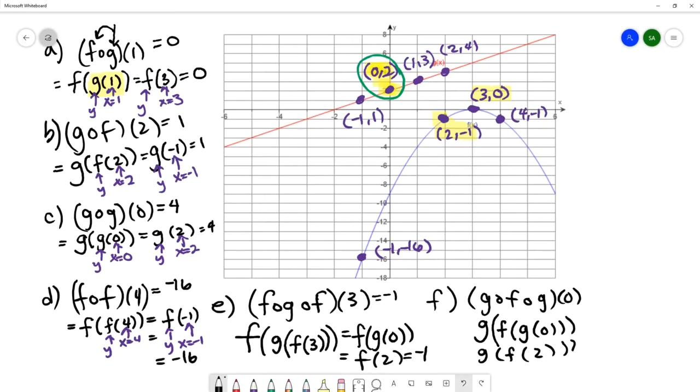Then we want to find f of 2. We've already found that. It's right here. That's negative 1. We have g of negative 1. And we've already found g of negative 1 to be right here, which is 1. So we have g composed with f composed with g of 0 being 1.